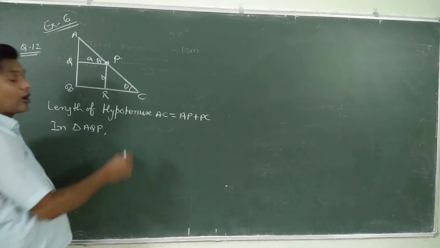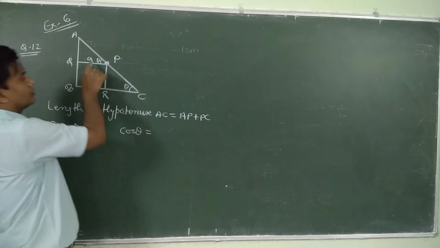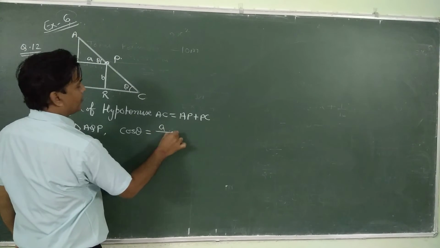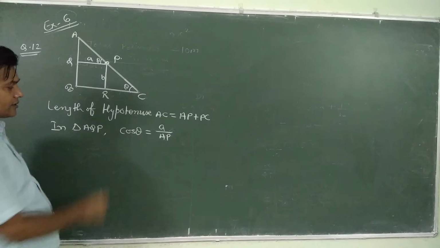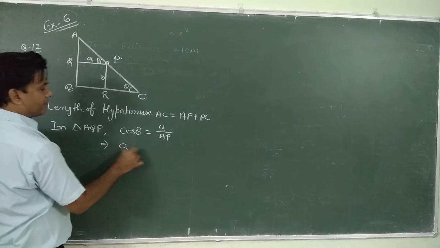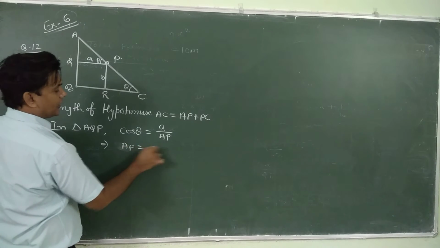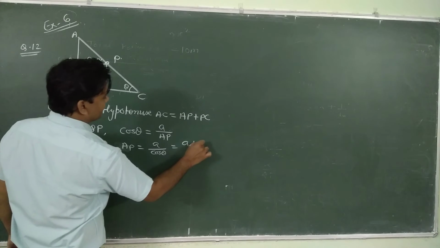We are using cos. So cos theta is equal to base upon hypotenuse, that is A upon AP. So AP equals A upon cos theta, or we can say A sec theta.